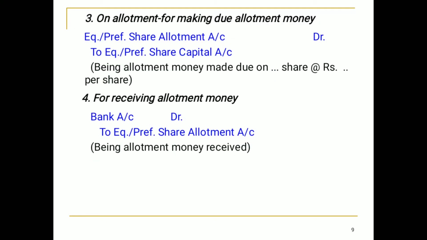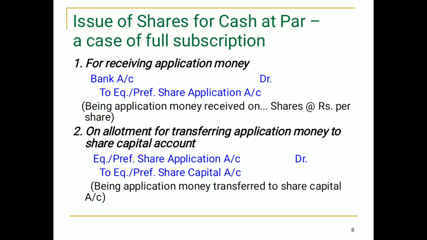Then we have understood the journal entry for allotment, when allotment money becomes due. Yes, the journal entry for the same is equity or preference share allotment account debit to share capital, and then for receiving allotment money.